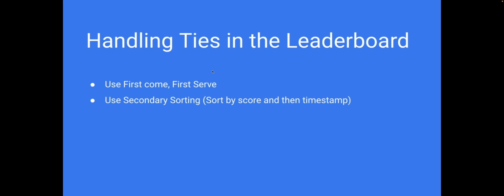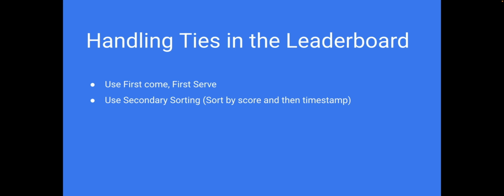So let's proceed. Imagine a scenario where you have ties in the leaderboard. How do you go about handling that? I have two methods that you can use, starting with first come, first serve. For you to handle first come, first serve effectively, you need a secondary sorting mechanism: first we sort by score, and then we sort by timestamp.